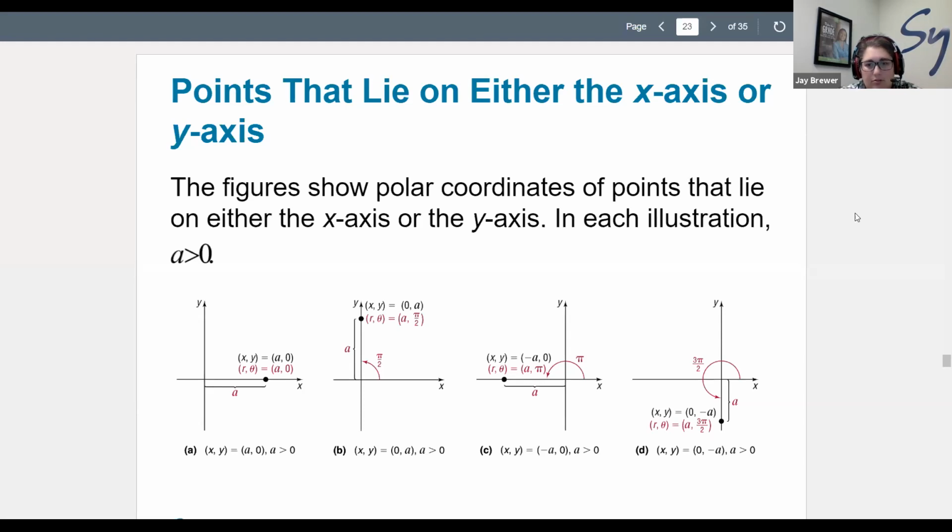Why they wouldn't just use r, I guess because a is representing y, not r. So if you can kind of memorize these for diagrams, then you can kind of place them in as you get other options.